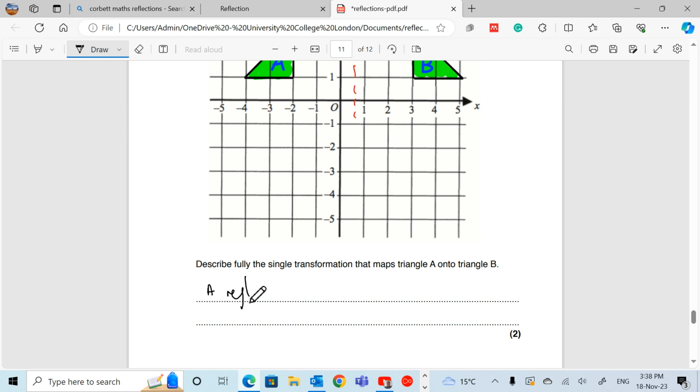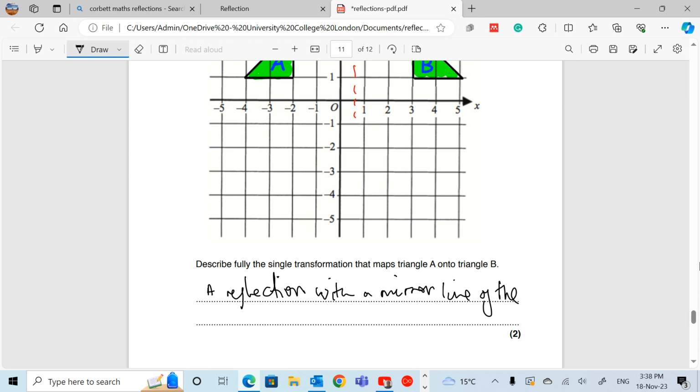A reflection, because that's the activity, a reflection with, and I use the word with again as opposed to in, with a mirror line of the x-axis, and we know that it's 0.5, isn't it?